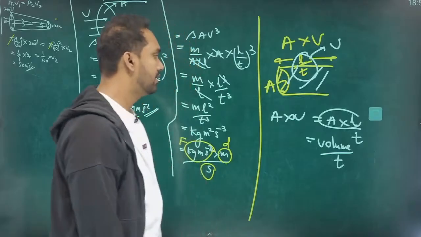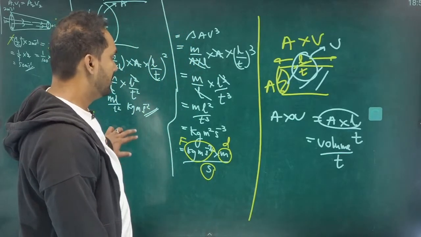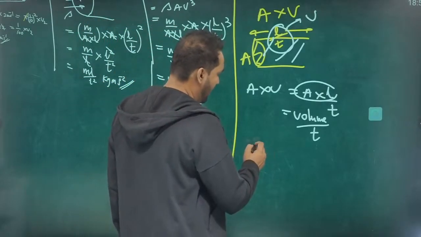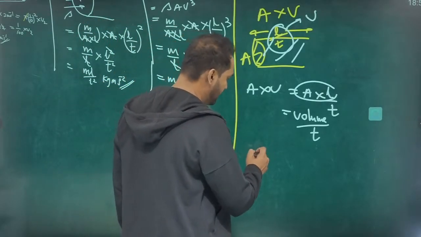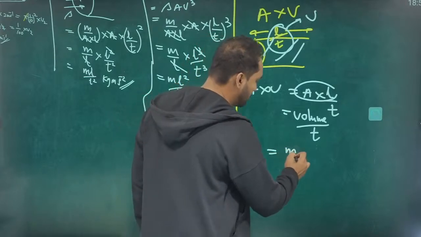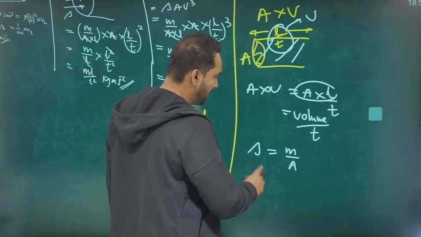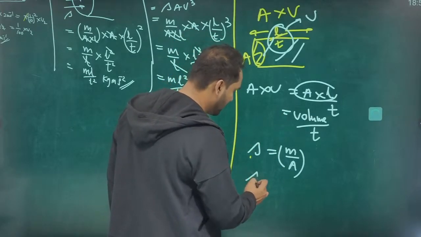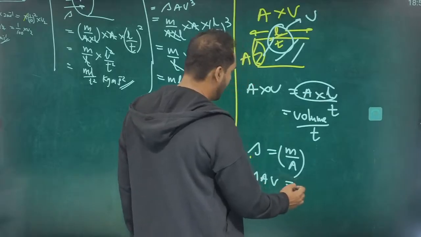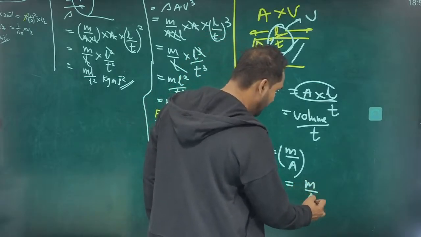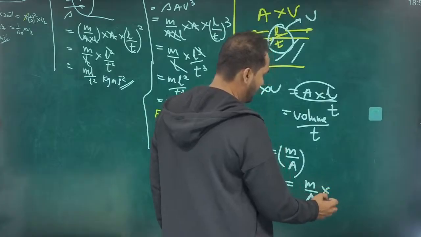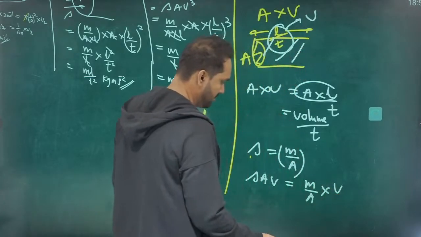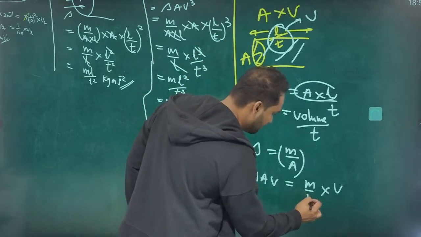Volume divided by time. So if AV is volume divided by time and rho is mass over volume, right?